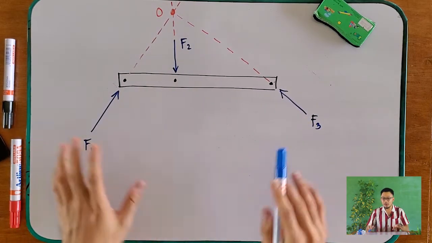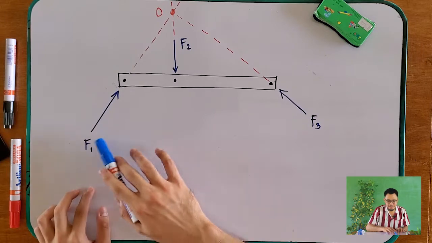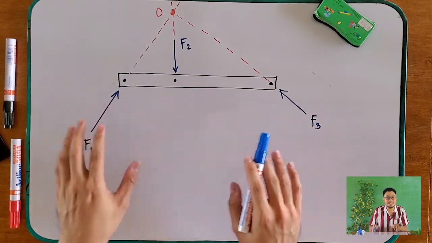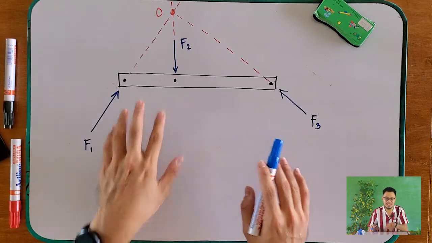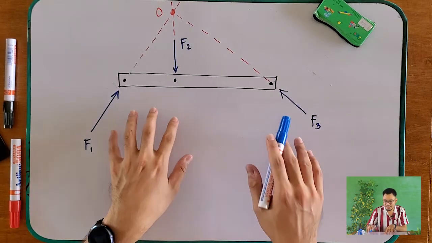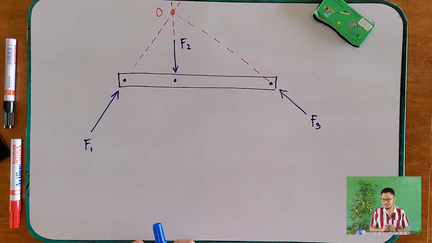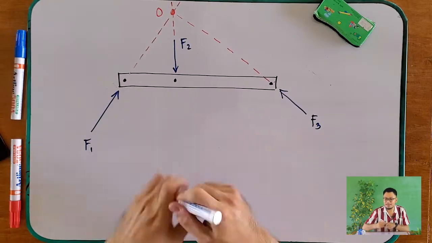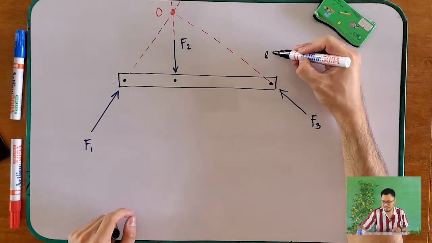Okay? So, with this setup, if we sum the forces of F1, F2, and F3 and sum the moments of this system, then we will arrive at an answer of 0. So therefore, this member is in equilibrium in this case.